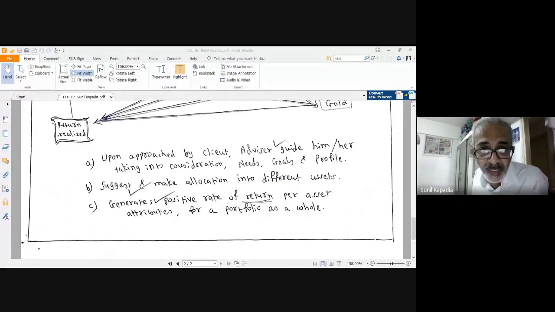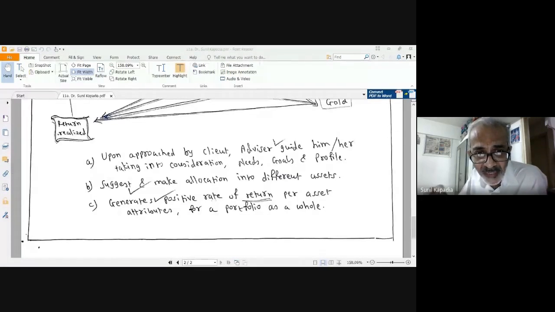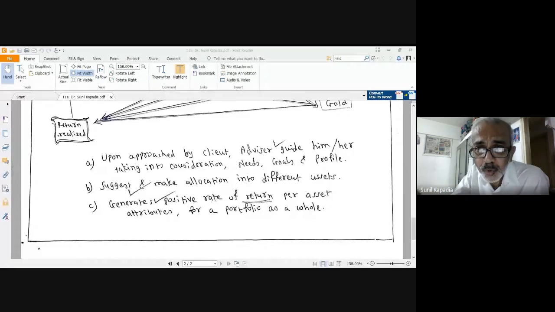The learning is, if a planner talks likewise in his group, 3 or 4 planners can construct a model by which a set of customers' goals can be clubbed together, and a customized solution can be prepared through a model.